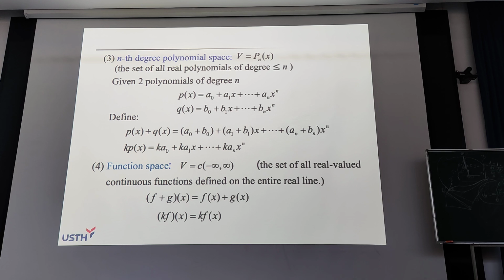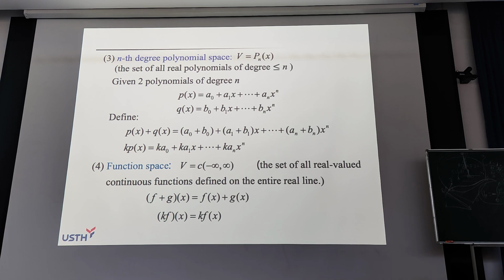And that one you can consider, if you remember that you studied already in your calculus course by Professor Khoi. That is, we denote by C the set of continuous functions, and then we define the addition of two functions to be that, and k multiplied by f to be that function.